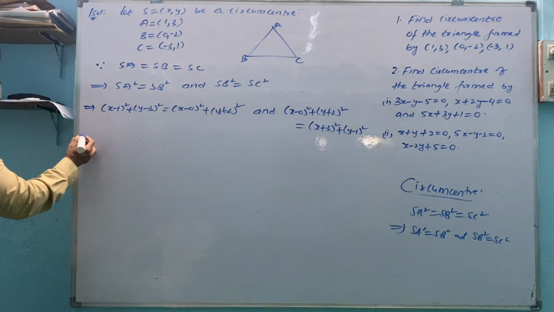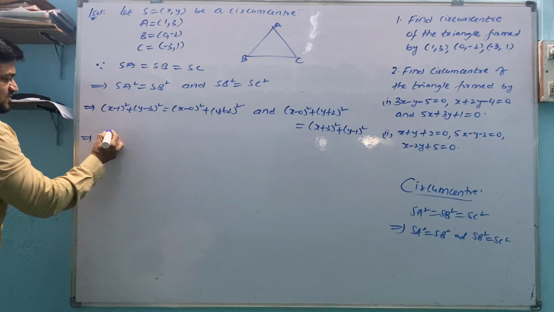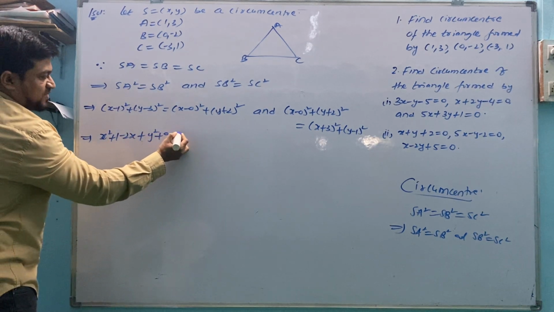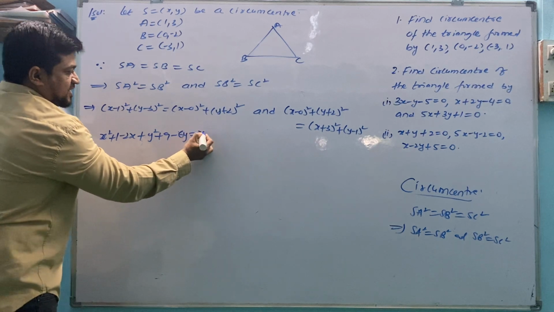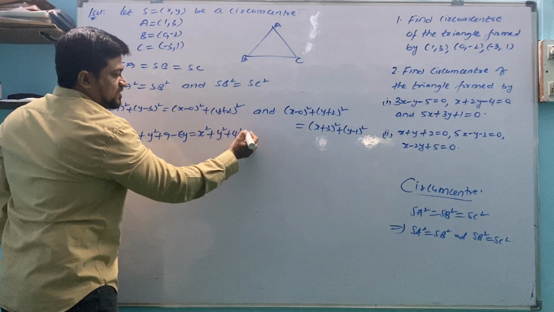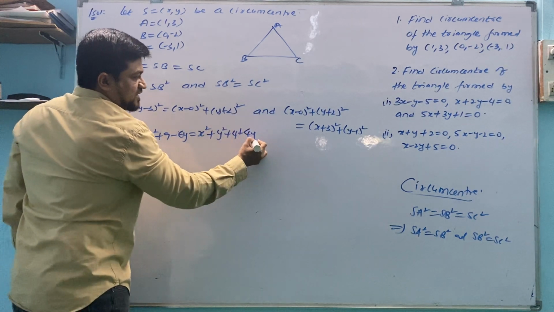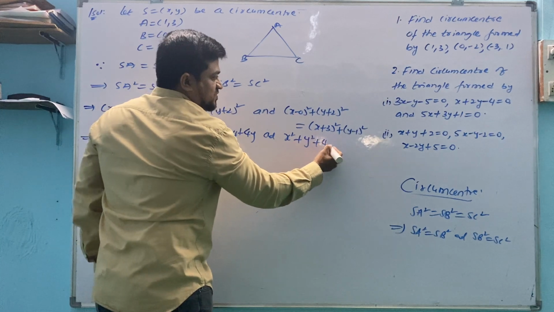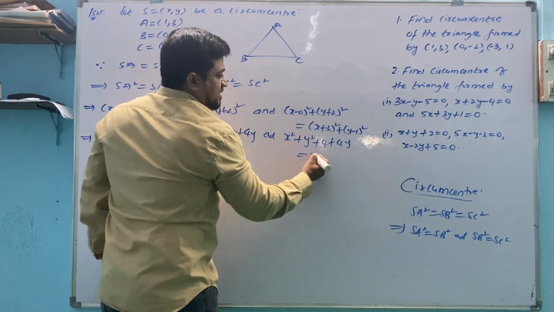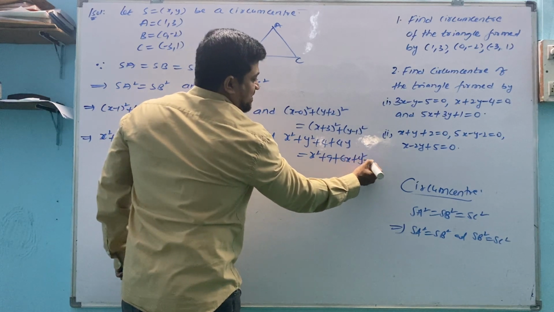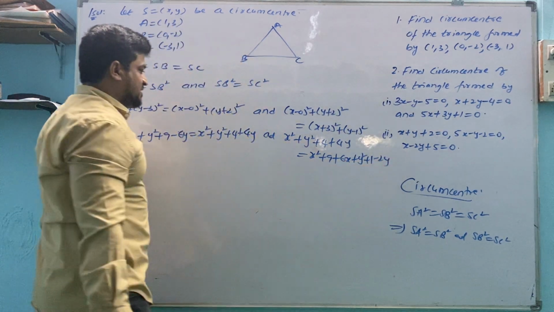Now we are simplifying these two. A minus B whole square is A square plus B square minus 2AB. Here x minus is x square, a square plus b square plus 2ab. 2 into y into 2 is 4y, and this is x square plus 9 plus 6x plus y square plus 1 minus 2y.